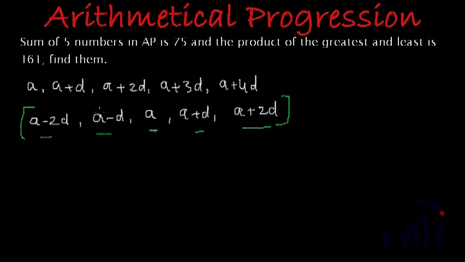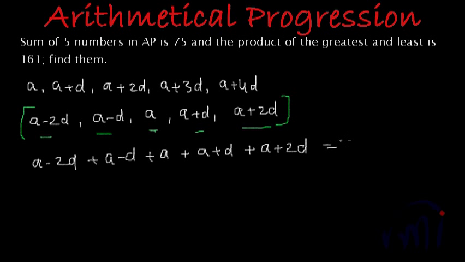And there is a lot of benefit in assuming terms like this. Why? Because when we add these terms, these plus D and minus D get cancelled among themselves, right? So as our first statement says, the sum of 5 numbers in AP is 75. If I add all these numbers, I'll get A minus 2D plus A minus D plus A plus A plus D plus A plus 2D is equal to 75.